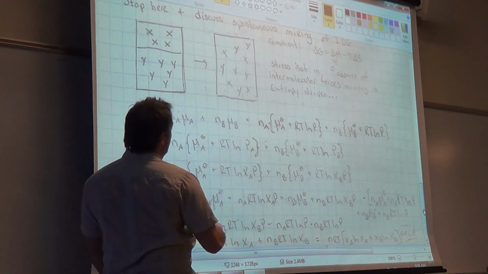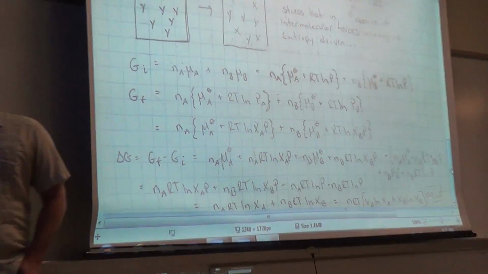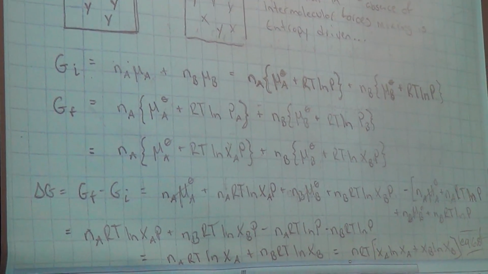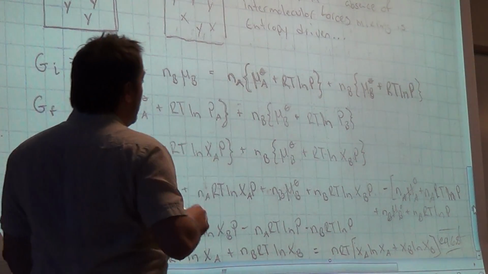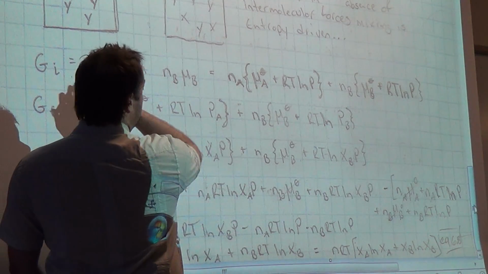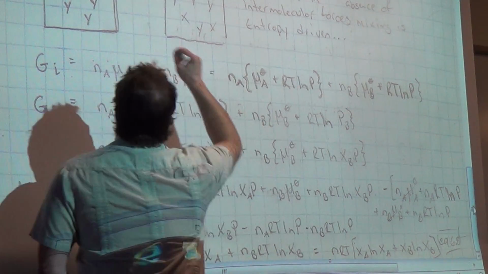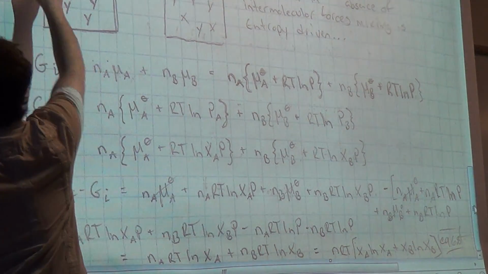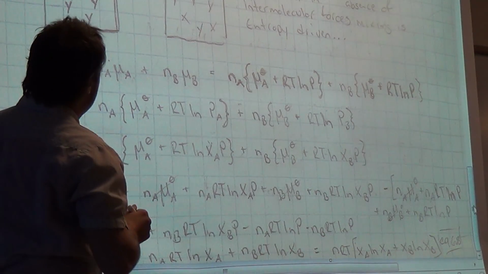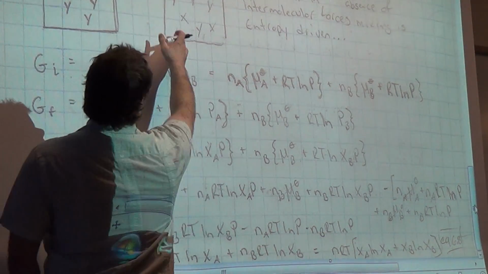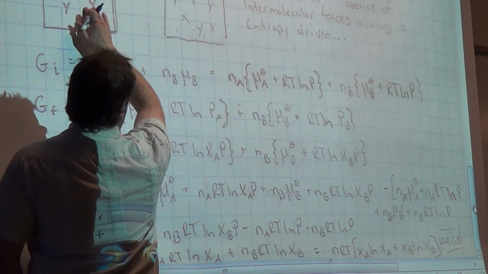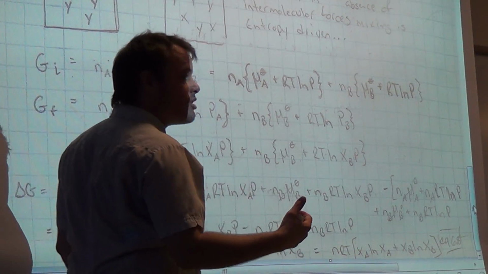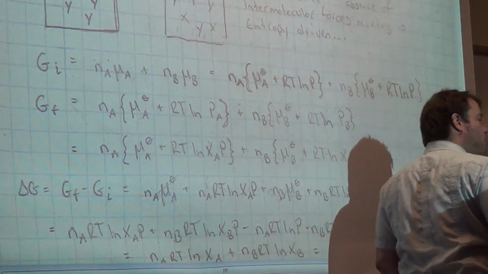And so if we have that equation that says the partial molar Gibbs free energy is mu naught plus RT ln P over P naught, then your final pressure moving from this state to this state is going to be your mole fraction times whatever that initial pressure was. We're finding this to be the two species starting off at an equal pressure, and then once the divider is removed, they stay at that same pressure. So total pressure is constant. We move from here to here, but the pressure exerted by the gas species changes according to its mole fraction.